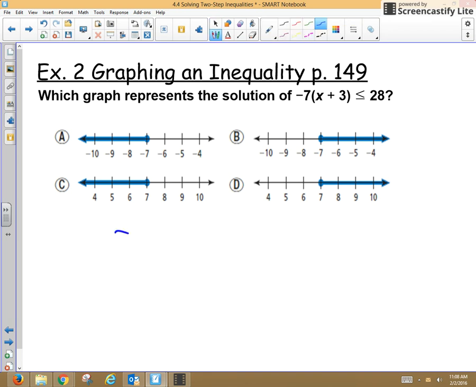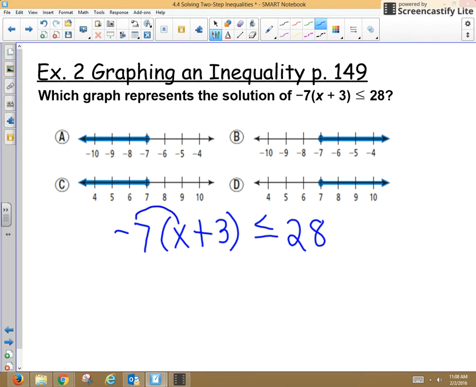The first thing I need to do is use the distributive property and distribute the negative 7 times x, which is negative 7x. And negative 7 times positive 3 is negative 21. So it's negative 7x minus 21 must be less than or equal to 28.